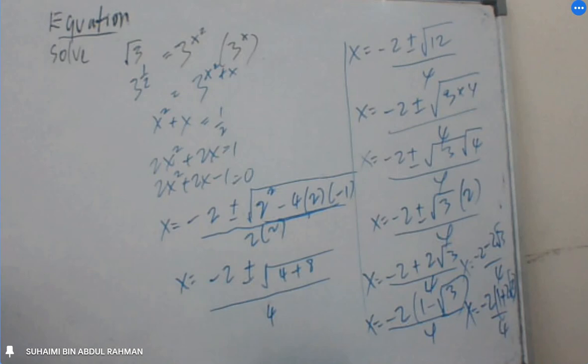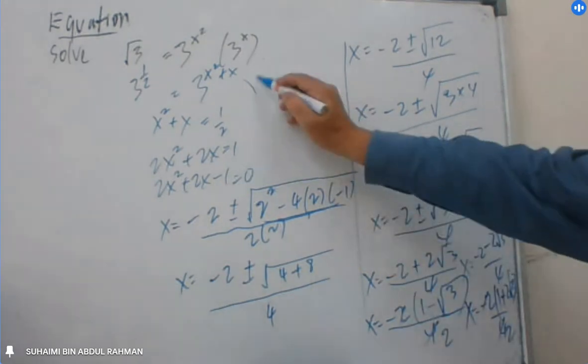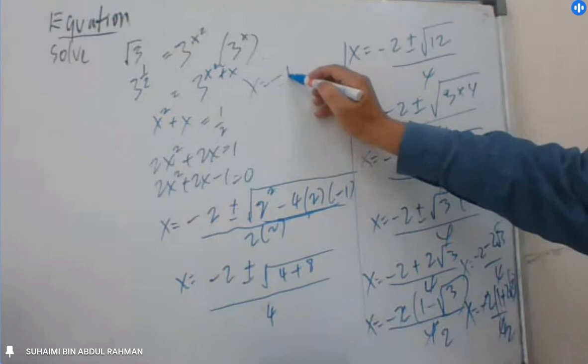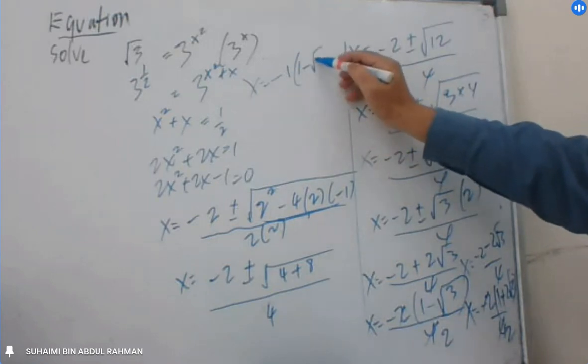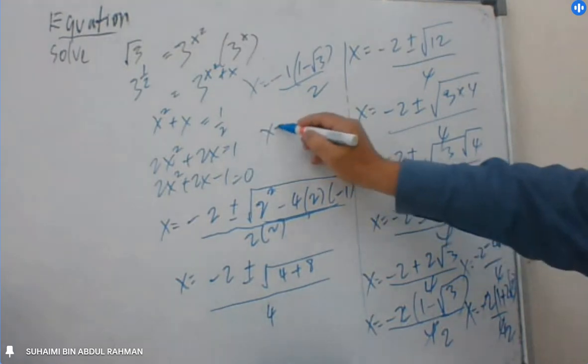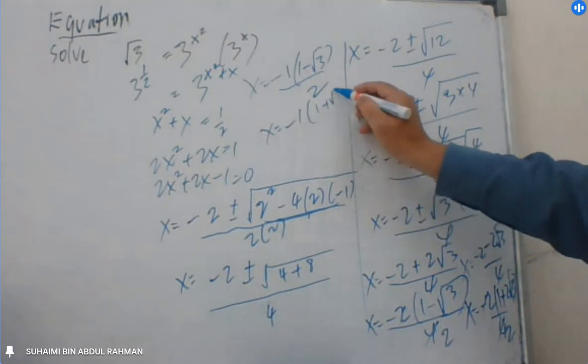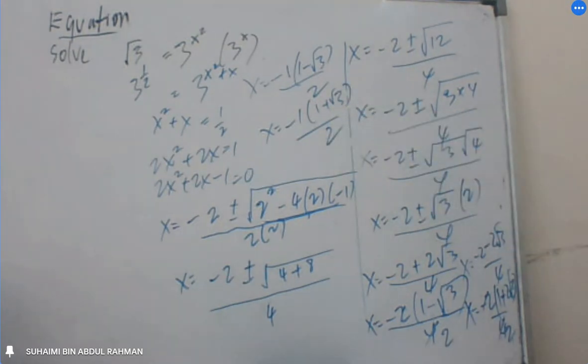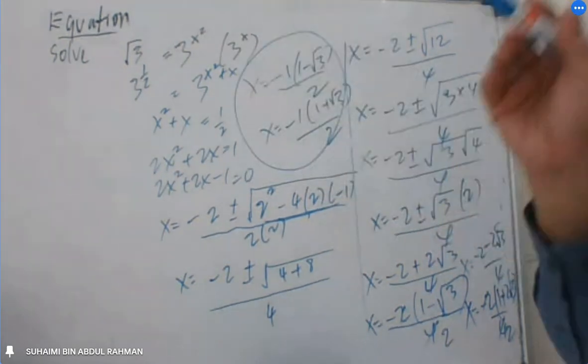Then we can cancel 2. So x is minus 1 times 1 minus square root of 3 over 2. Another one, x is minus 1 times 1 plus square root of 3 over 2. Now, these are the two values for x.